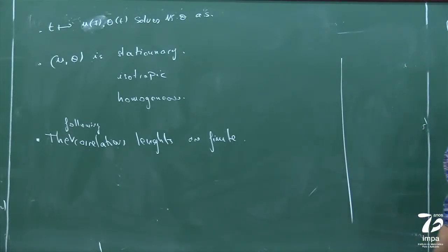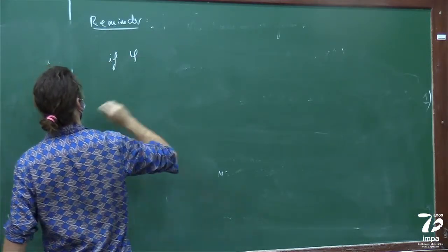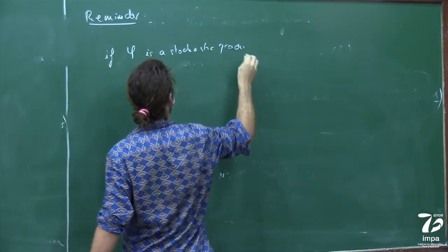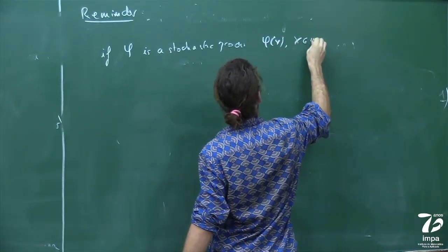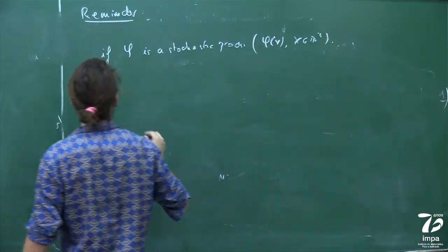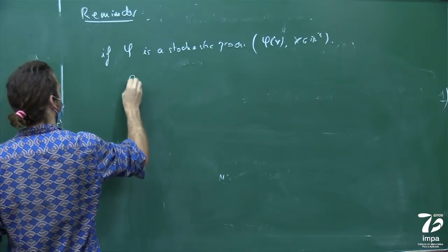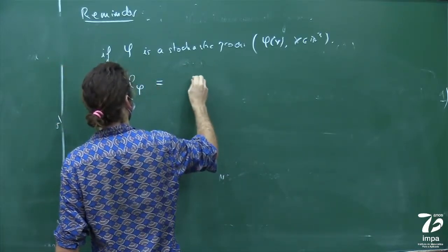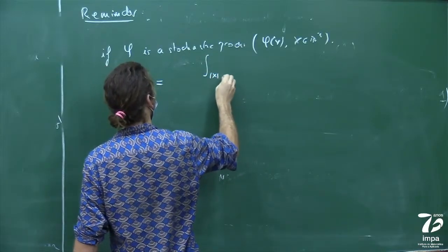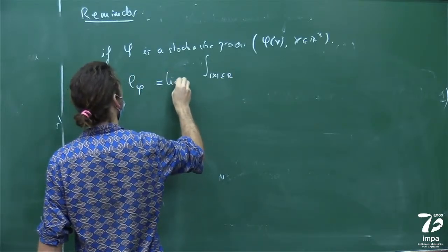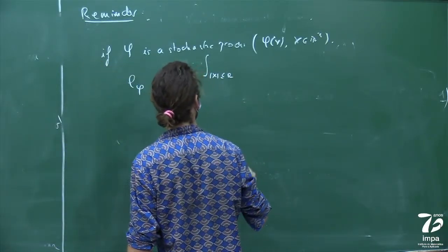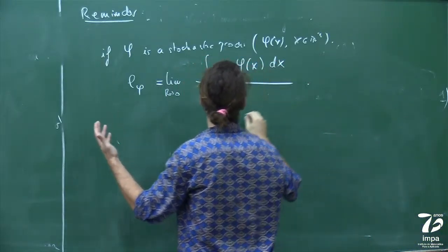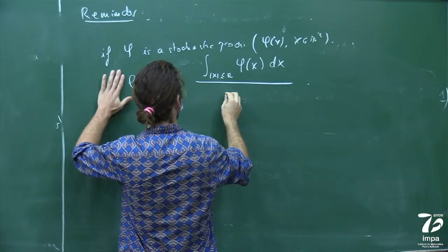If phi is a stochastic process, here phi of x is in R3, I will define the correlation length, which will be L subindex phi, as the integral for x smaller than r, the limit of r goes to 0, of phi of x dx, divided by something so that this has dimension of a length.